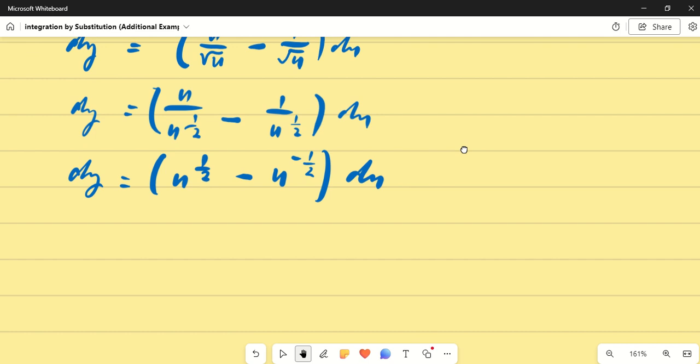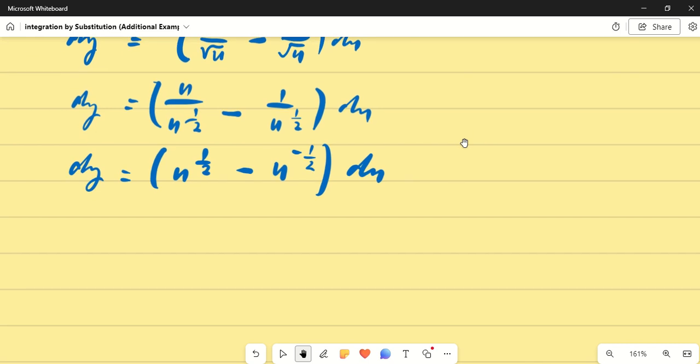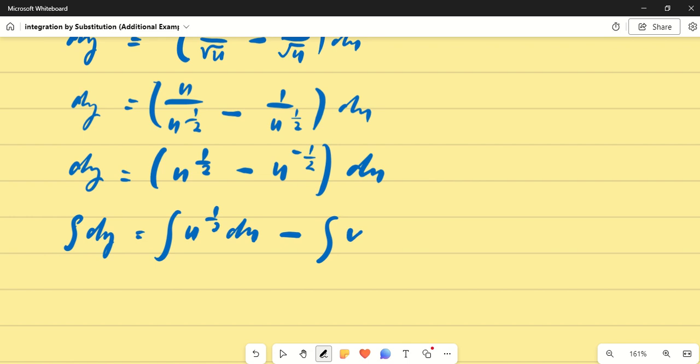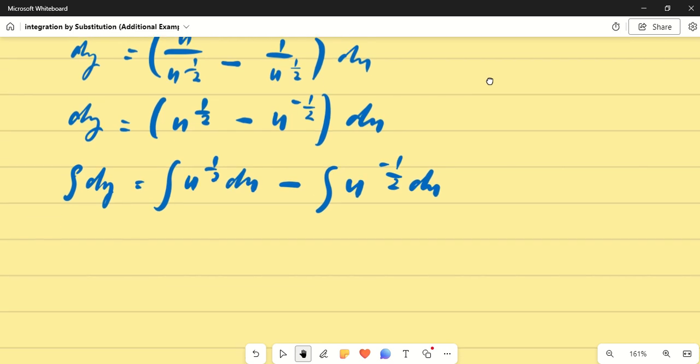Okay. Then after that, we solve the integral. We need to evaluate the integral. So you'll be having integral of dy, and then here on the other side of the equation, you need to have your integral of u raised to 1 half. Of course, you write your du here, minus the integral of u raised to negative 1 half, and then you write also your du.